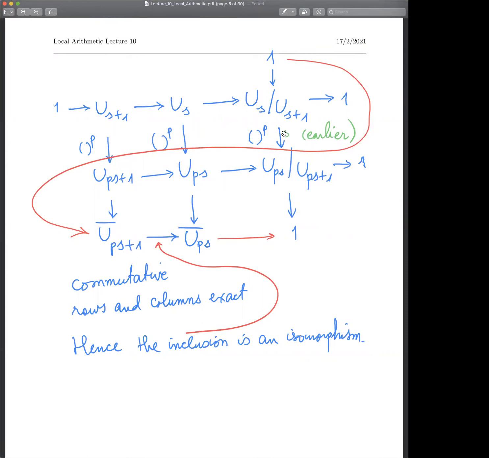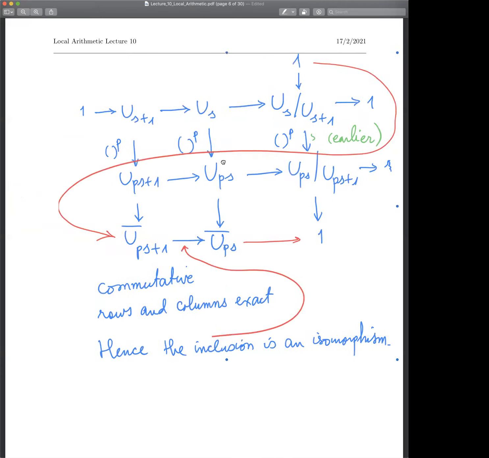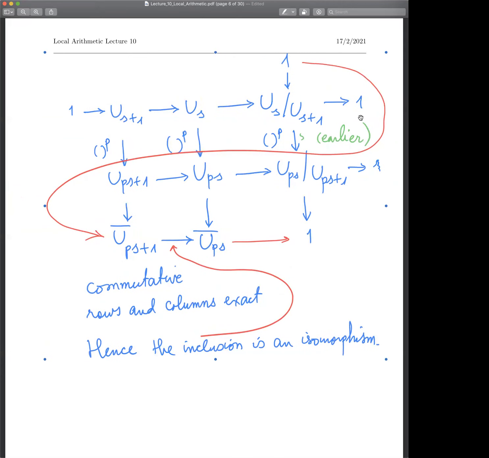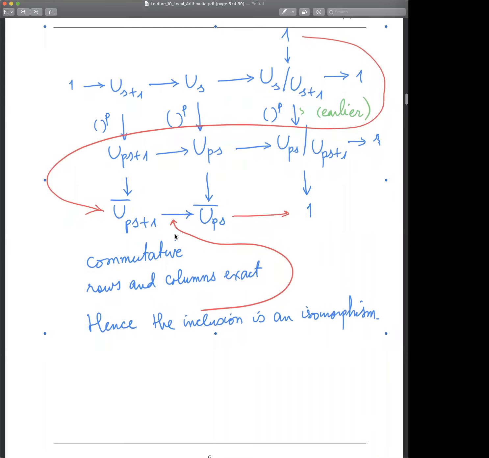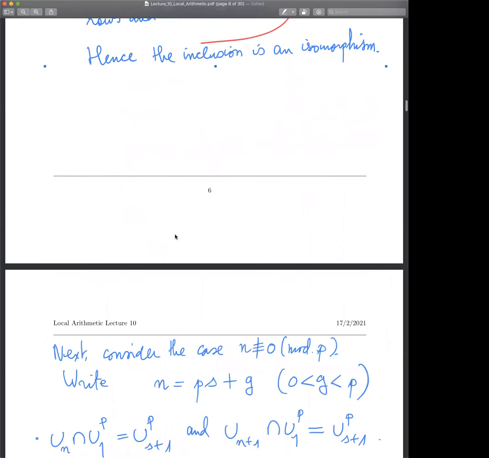So this is the kernel and this is the co-kernel. And what does the snake lemma tell me? The snake lemma tells me that the connecting homomorphism, represented by this red thing here, this sequence is going to be exact. But this is trivial and this is trivial. So this means that this map has to be an isomorphism. That was the first part.